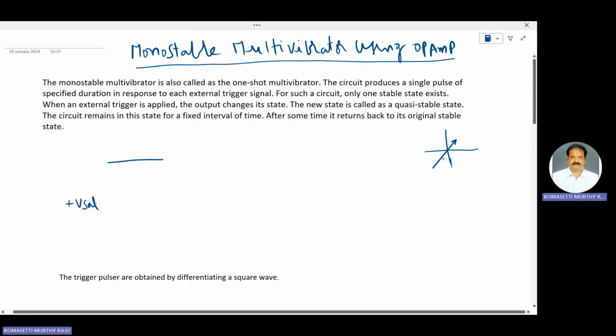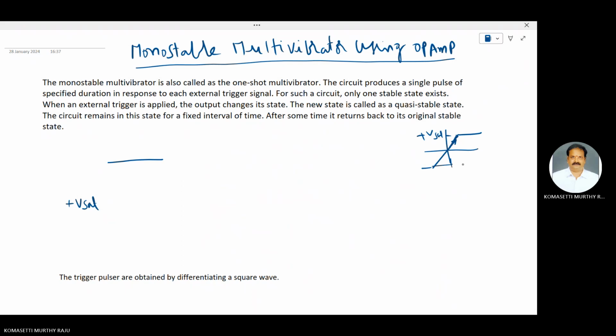Plus V set and minus V set here. Plus V set. This one is minus V set output.